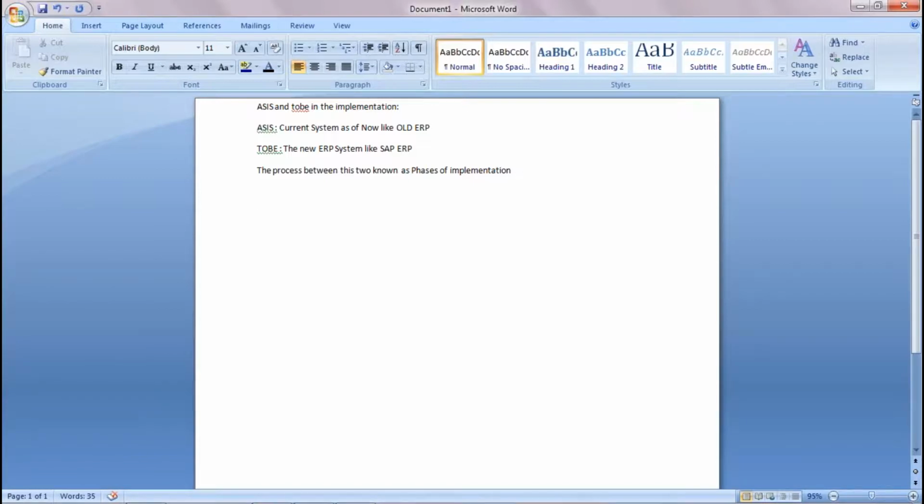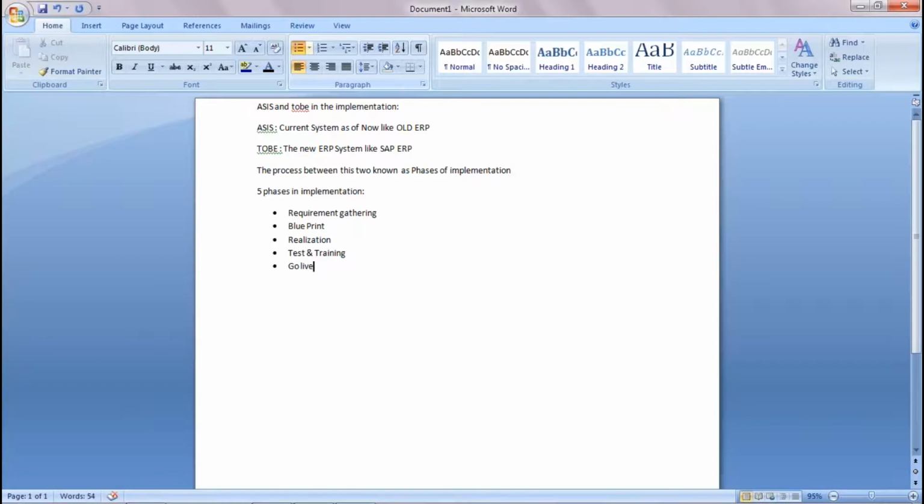Okay, so now let's see the phases. We have 5 phases in implementation: requirement gathering, blueprint, realization, testing, training, and the last comes go live.